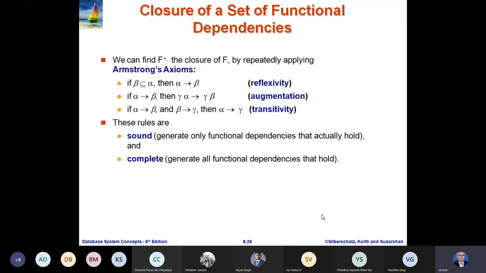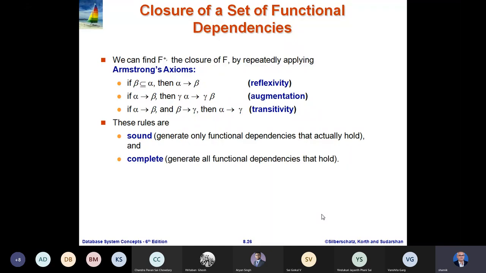So how do I get F plus from F? So here is this notion of Armstrong's axioms. What we do is that for every such functional dependency in F, we define through these axioms what all other FDs actually hold on the same schema R on which F is defined. So these Armstrong's axioms, there are three such axioms.